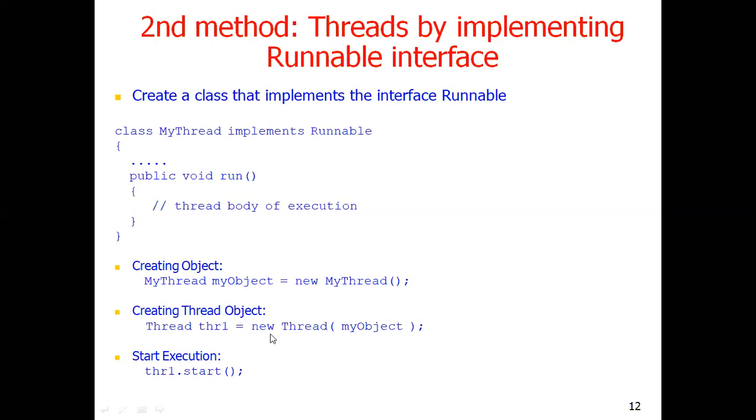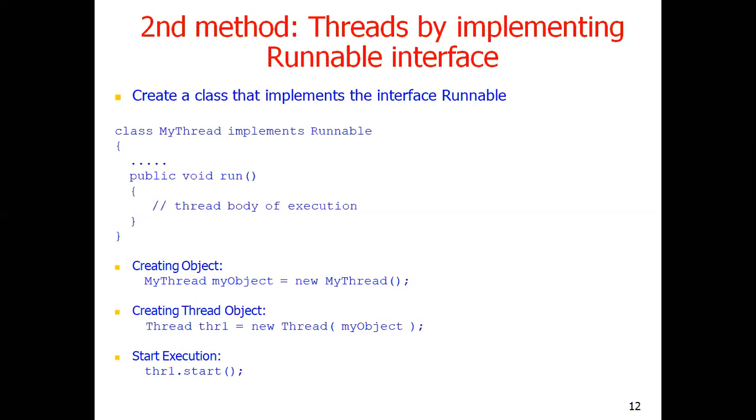Thread1 is equal to new Thread. The object which we have created for our user defined class, you have to pass it to the Thread constructor. This is the only difference. And via this thread1 we are going to call the start method.